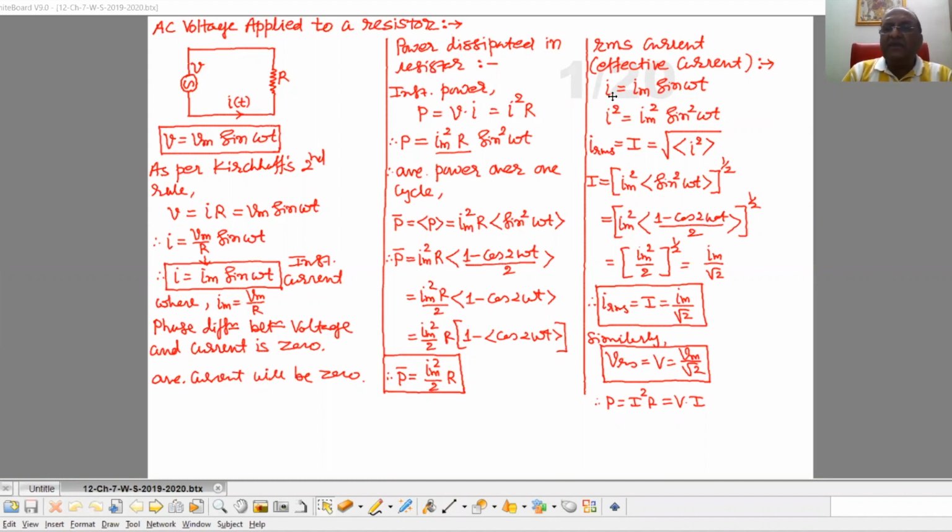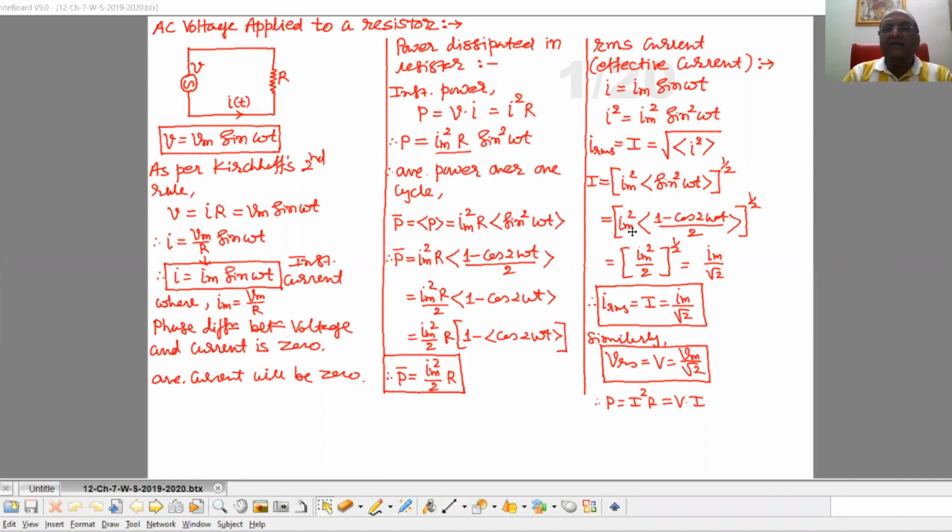We have the instantaneous current I equals Im sin omega t. Take the square of it: I square equals Im square sin square omega t. Then take the average of it and then the square root of it. So I RMS, that is capital I, the effective current, is under root of the average of I square. Im square is constant, and the average of sin square omega t, whole raised to 1 by 2.